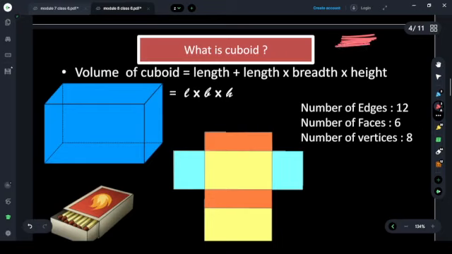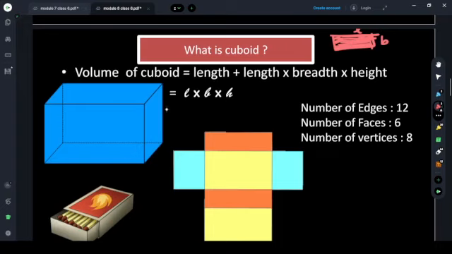We have joined a number of strings this way, having the same length. Then we found the figure rectangle, and how do we find the area of this rectangle? L into B. So what is the formula for volume? L into B. There is one new dimension here, that is height, so we simply multiplied it: L into B into H. This is the formula for volume of cuboid.